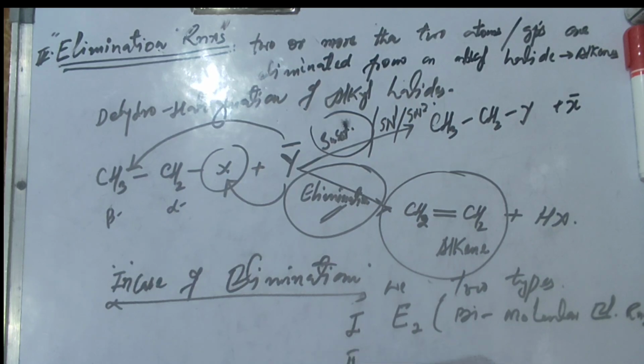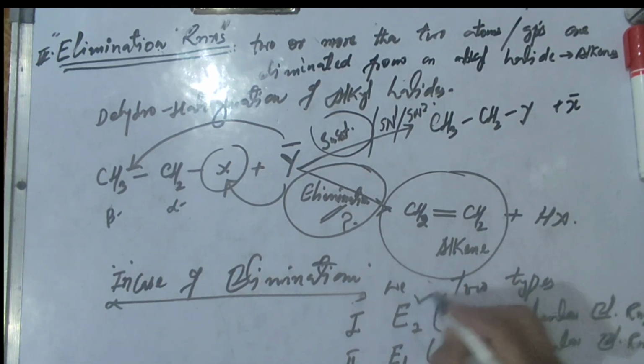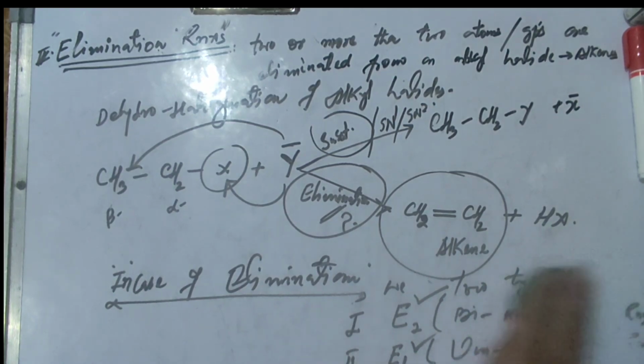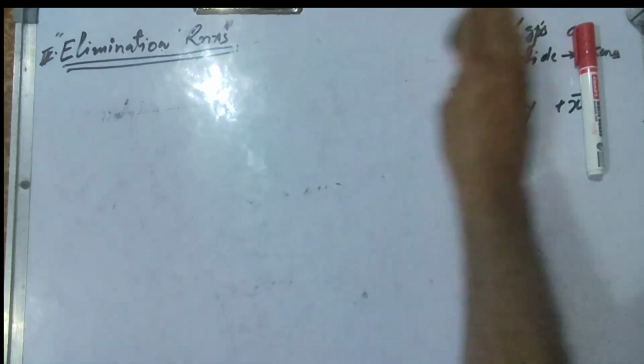The second one is E1, or unimolecular elimination reaction. That means these elimination reactions will follow either E2 or E1. Let's discuss the first one, that's E2, or bimolecular elimination reactions.